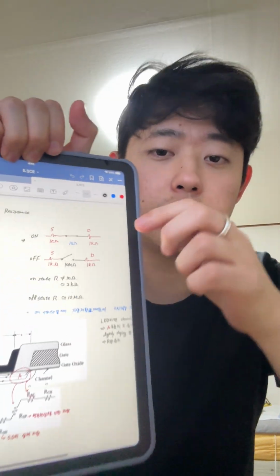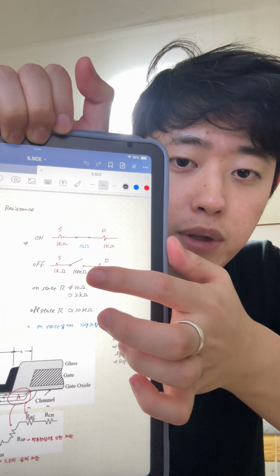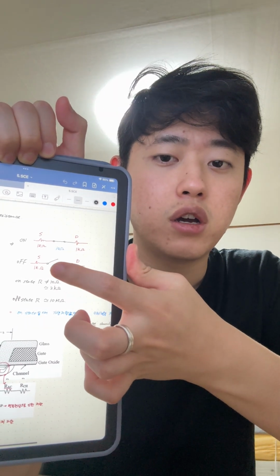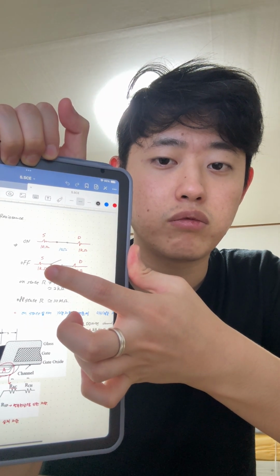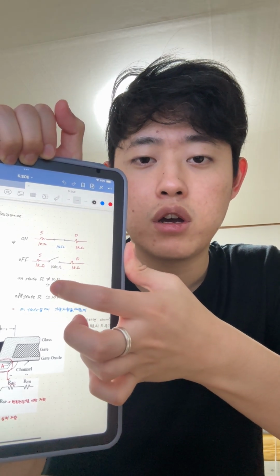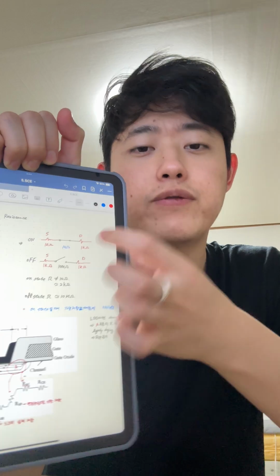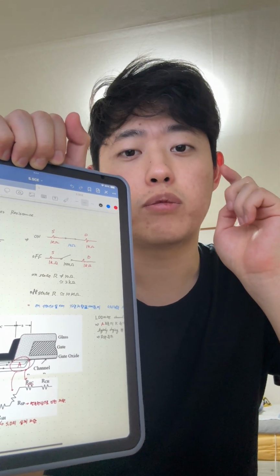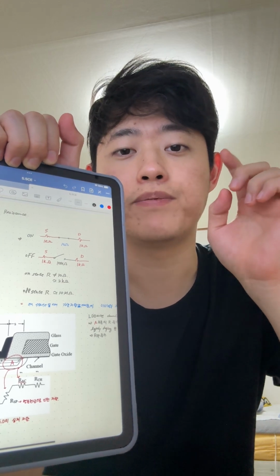When the transistor is off, the channel will be 10 milliohm, and the source and drain have 1 kilo ohm too. So the off state transistor has approximately 10 milliohm.